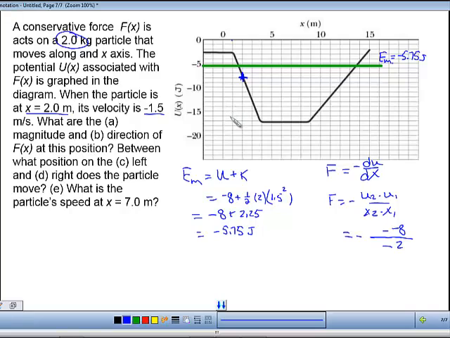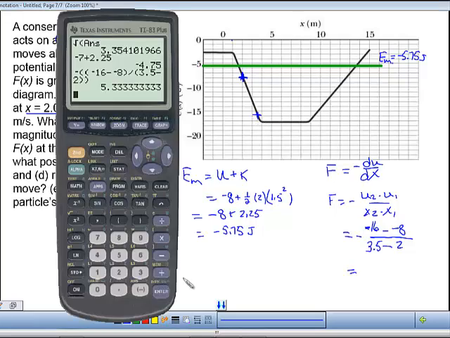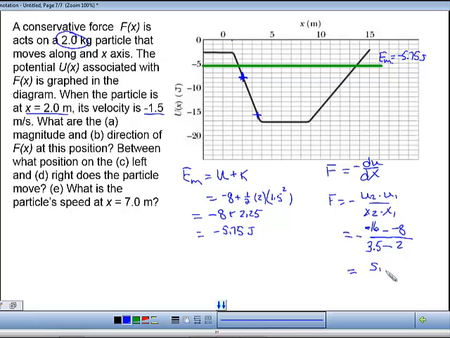Let's pick another point. We can pick any of these points. Let's go ahead and pick this point right here, 16, -16, and x is 3.5. And we end up with a slope of -5.33.